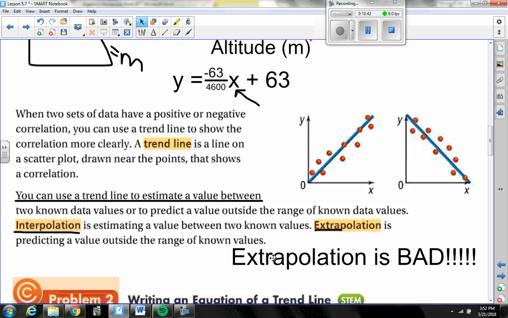But as our general rule, extrapolation is bad, not something we want to do. Interpolation, very much okay. We should be planning to do that using our trend line equation to estimate other values. But extrapolation in general is bad and dangerous. Don't do that, please. Okay? Extrapolation obviously is going way outside of the known values.